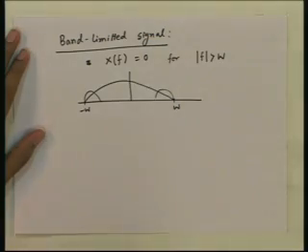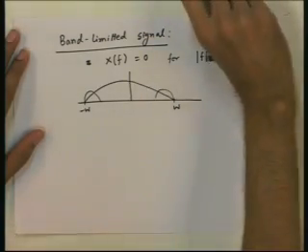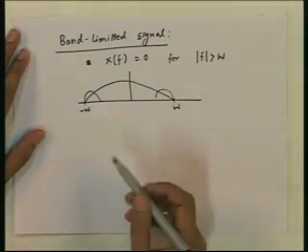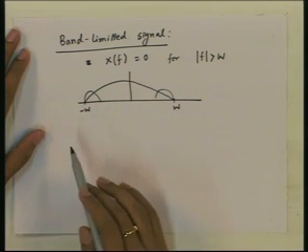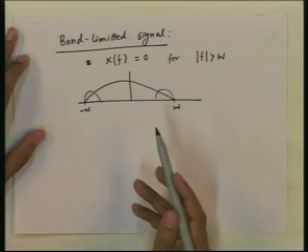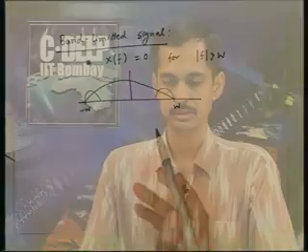Similarly, a stochastic process is also called band limited if the power density spectrum satisfies the same condition. So, a stochastic process is band limited if the power density spectrum is band limited. Okay.